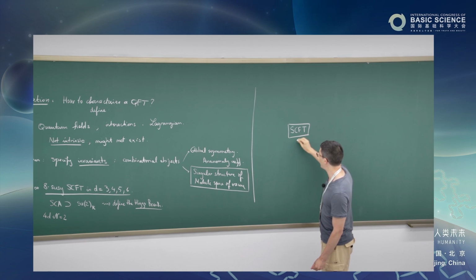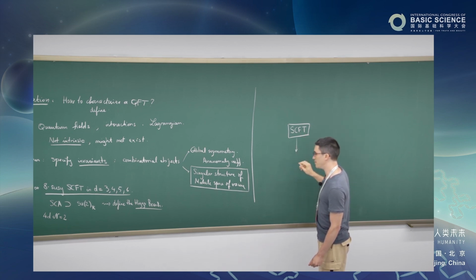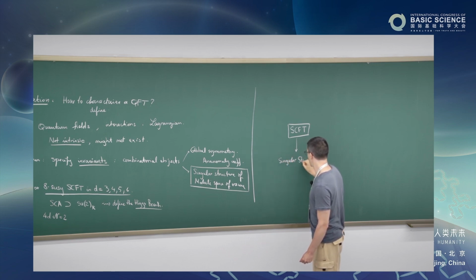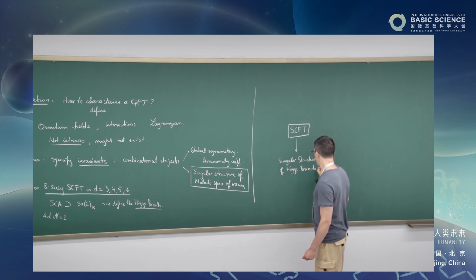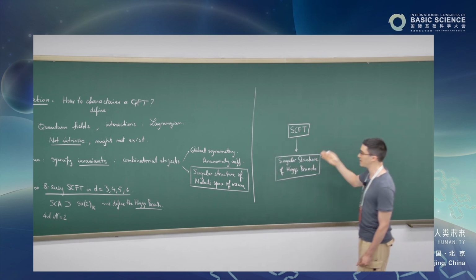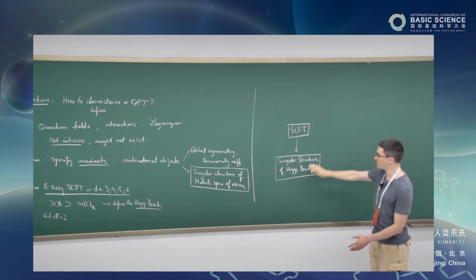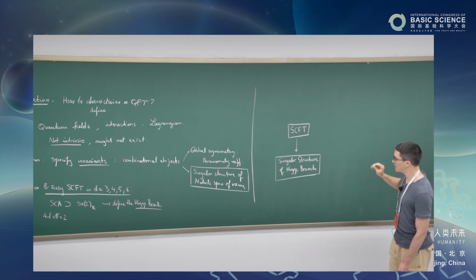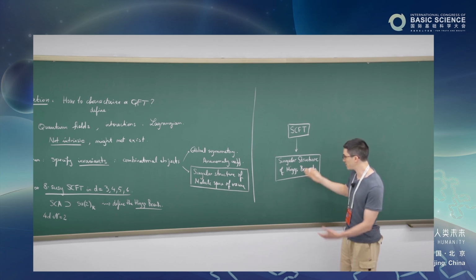And this invariant will be the singular structure of the Higgs branch. So what is this? Let's first give an example, and then it will become clear. I will write what the general thing is. Well, okay, let me just draw what it looks like.